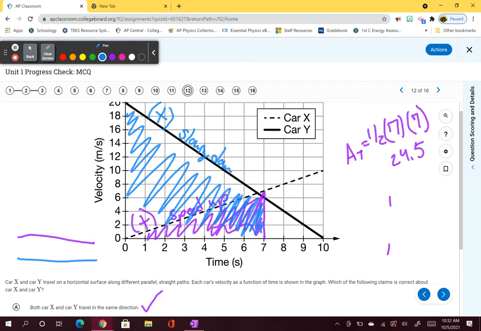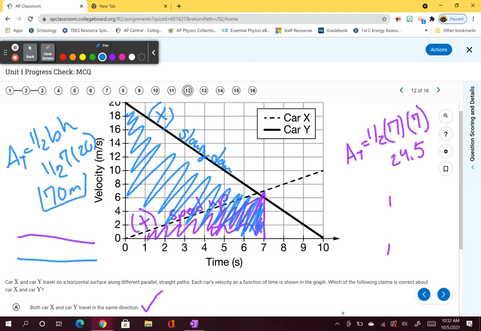But if we're looking at the distance of this triangle, you wouldn't have to do the math. You can just visually see that there's more blue than purple. But just to prove a point, base times height. Again, the base is 7, but in this case, the height is 20. So 20 times 7 divided by 2, you get 70.